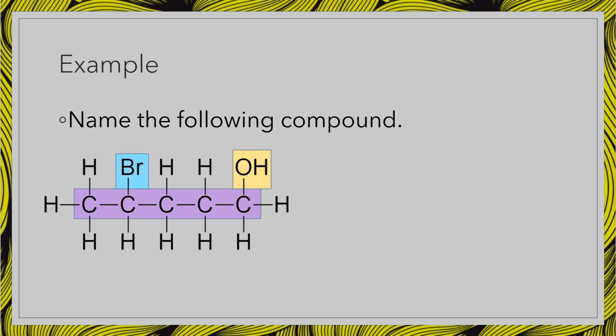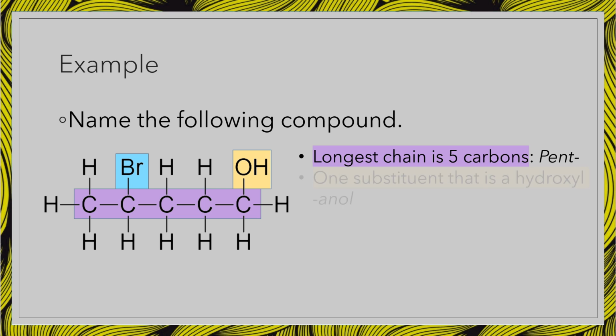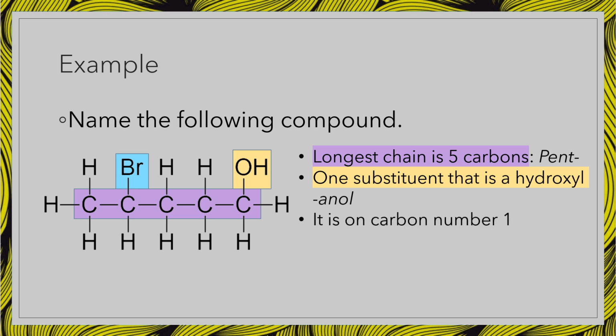Now, we need to start naming it. Our OH, we have one OH, so it's going to be pentanol, and it's on carbon number 1. So again, with our primary functional group, we like it to be numbered so that the functional group is the lowest.